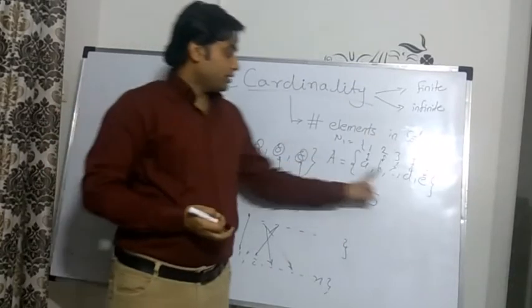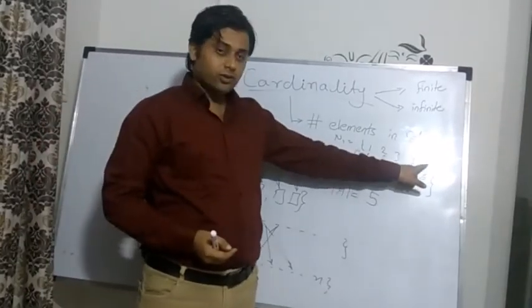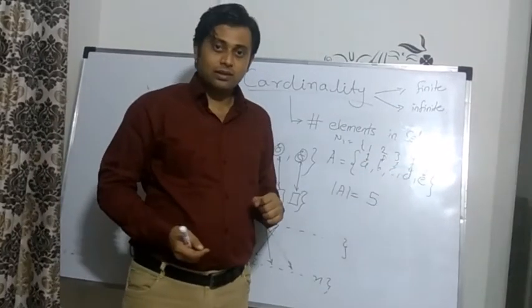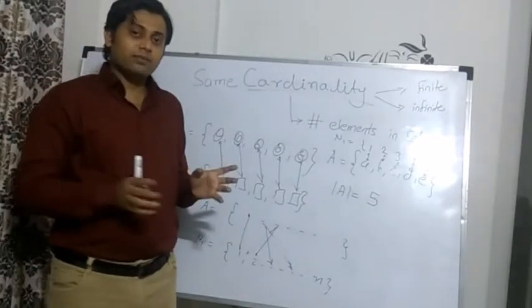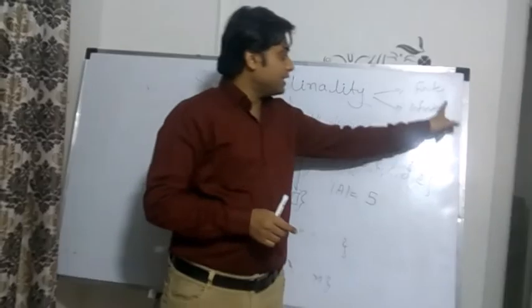So for this A, the process of mapping is going to end at number 5, so this set is finite. If there exists a mapping, but that mapping is not going to end at some particular n, then I will call that set an infinite set.